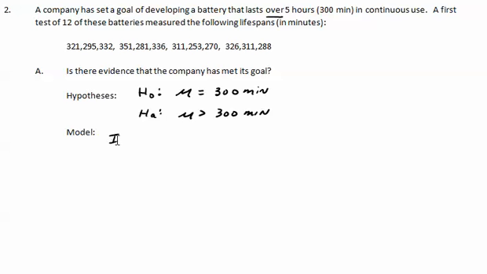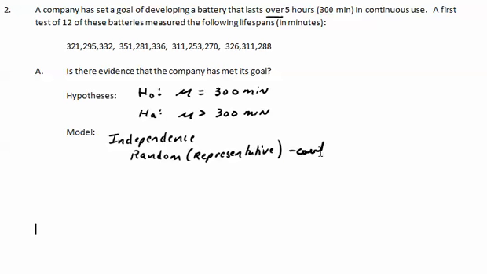First, we're going to do independence, and there are two conditions. It doesn't state it, but we're going to assume that these are random or representative, which is kind of the same. There could be some caution about that, because these are the first 12.